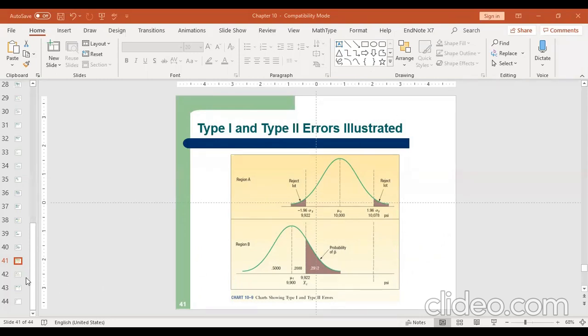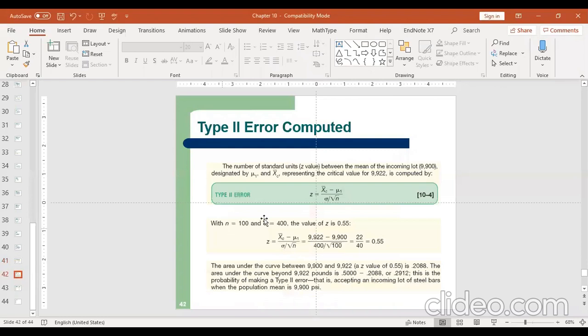And see the solution for this example. The number of standard units, Z value, where the mean of the incoming lot is 9,900. So this is the formula which we are going to use for type 2 error. It's the same formula we have used before, but with a different notation just to make a difference. N is 100, sigma is 400.